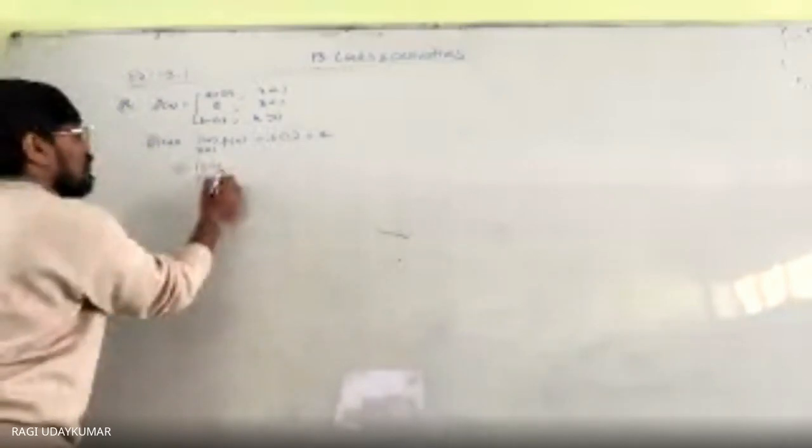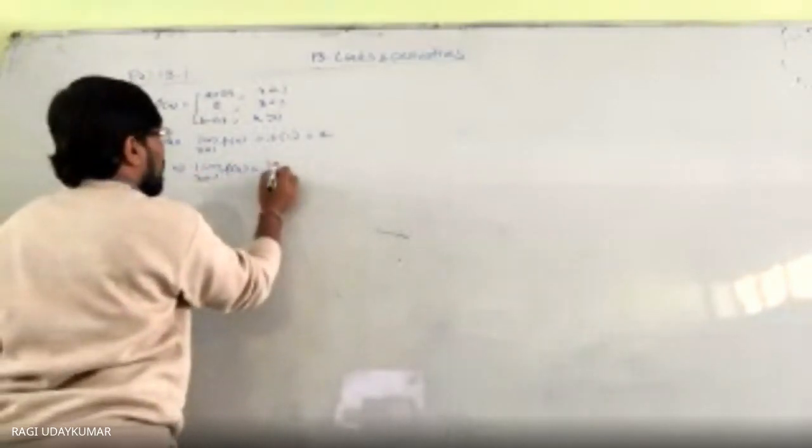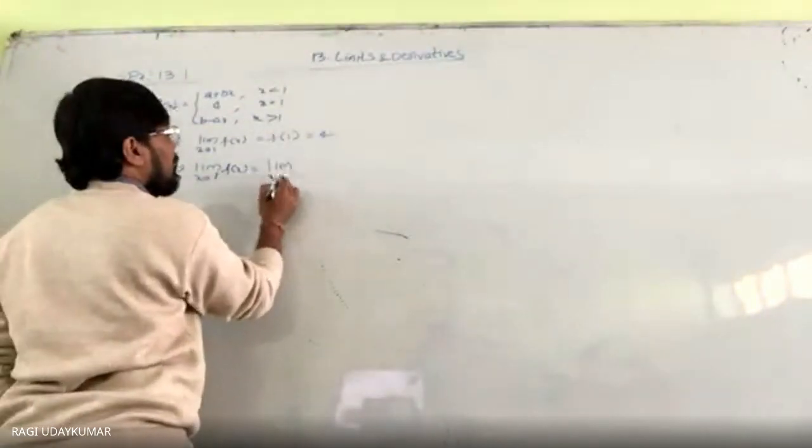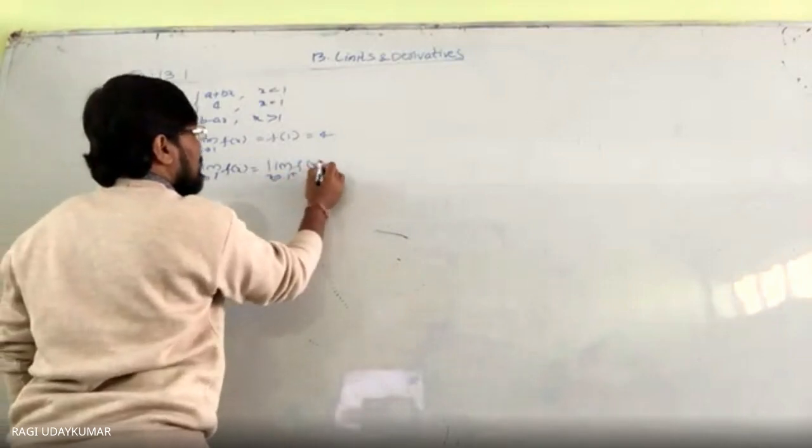So the limit as x tends to 1 minus of f(x) is equal to the limit as x tends to 1 plus of f(x), which is equal to 4.